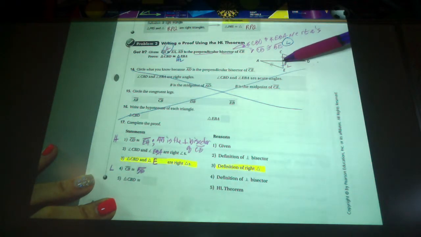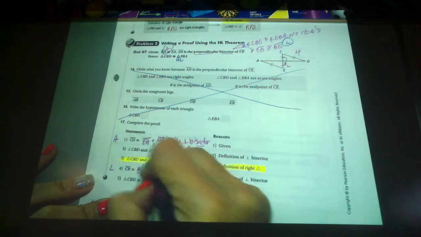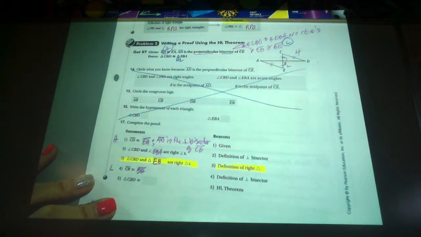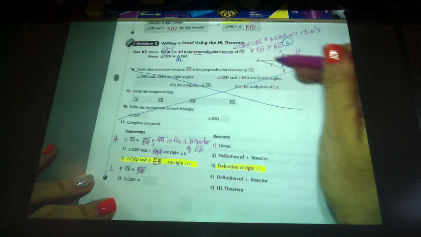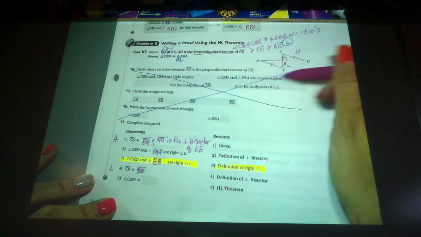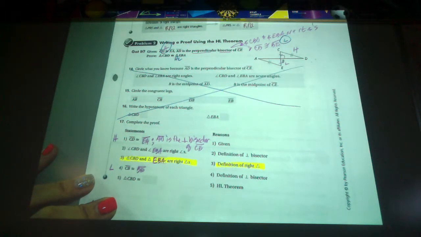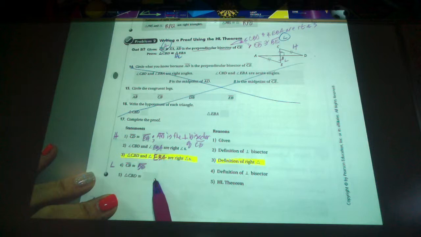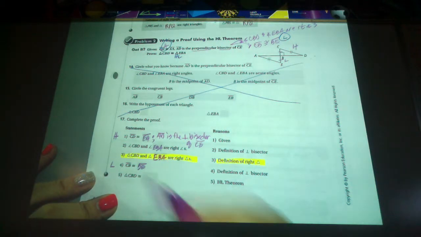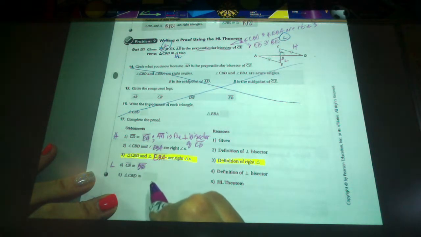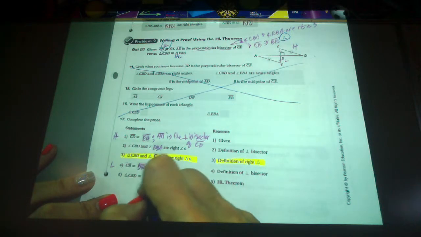Wouldn't B also be the right angle on this triangle? And then that leaves us with what letter left over here? A. All right, and so finally, we can prove the triangles are congruent by your HL. And so we've got CBD and triangle EBA.